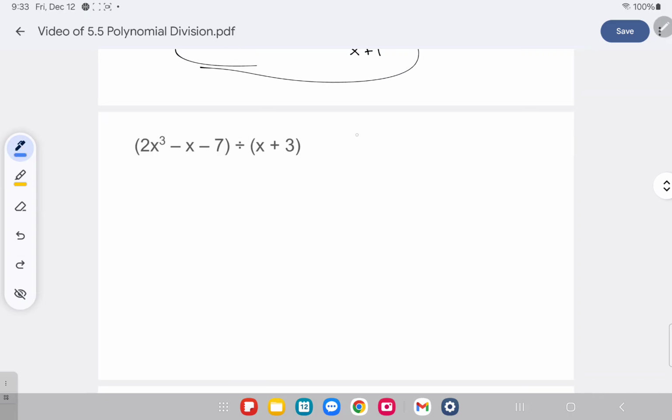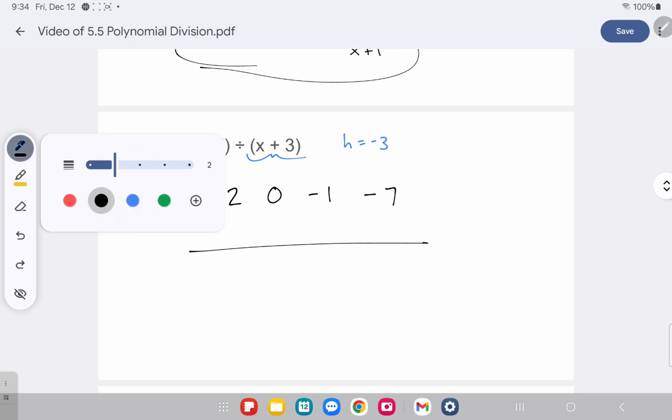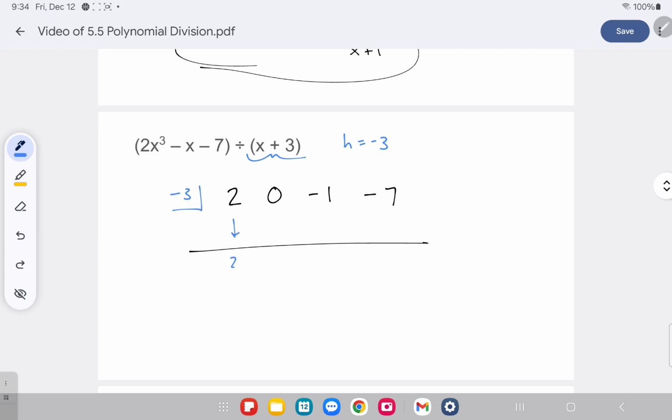Again, we can use synthetic division here. Our h is negative 3 because our factor is x plus 3. So negative 3 goes in the box. Our leading coefficients are 2x cubed, 0x squared, negative 1x, and negative 7. And bring down that 2, multiply by the box.